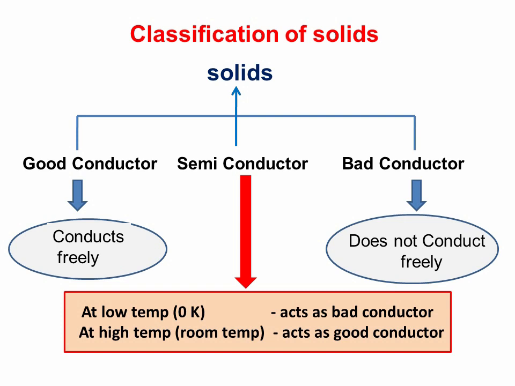Simply we can say it as at low temperature, that is absolute 0, that is 0 Kelvin, it acts as a bad conductor. At high temperature, say room temperature, it acts as good conductor.